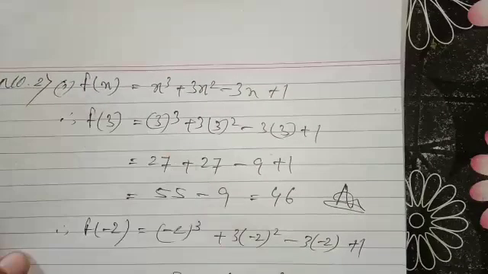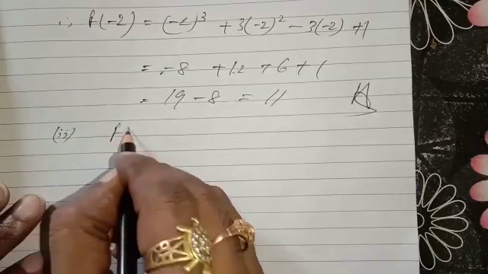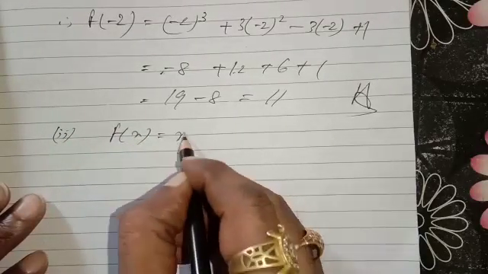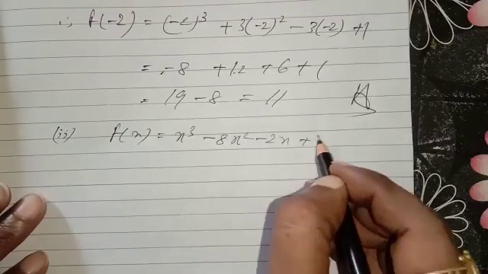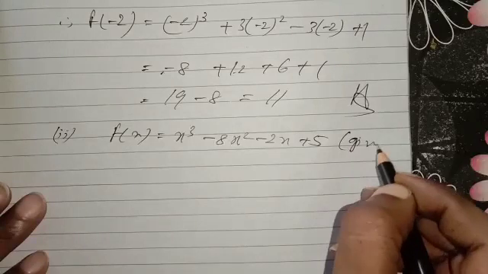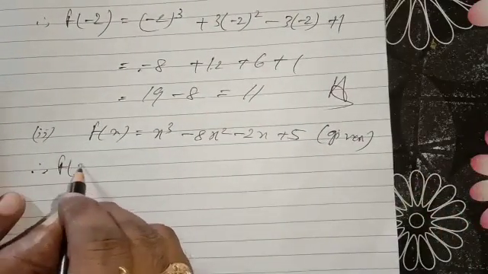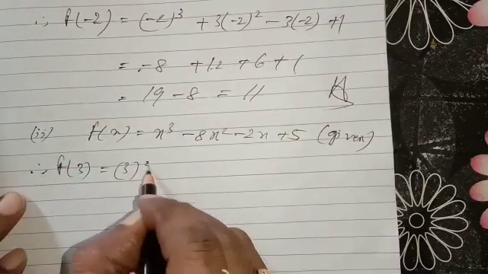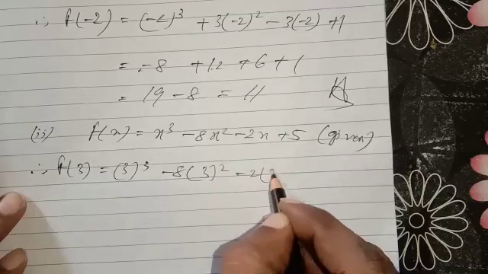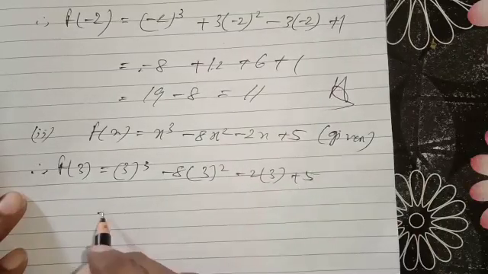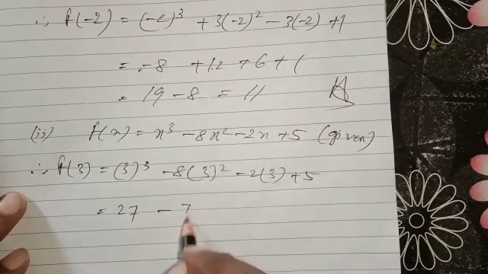The second part. See the second part what is given here. F of x given polynomial is x cube minus 8x square minus 2x plus 5. This is given, and you have to find out f of 3. Therefore f of 3, just x is replaced by 3, that means 3 cube minus 8 into 3 whole square minus 2 into 3 plus 5. 3 whole cube is how much? 27. 3 square 9, 9 8 is 72.